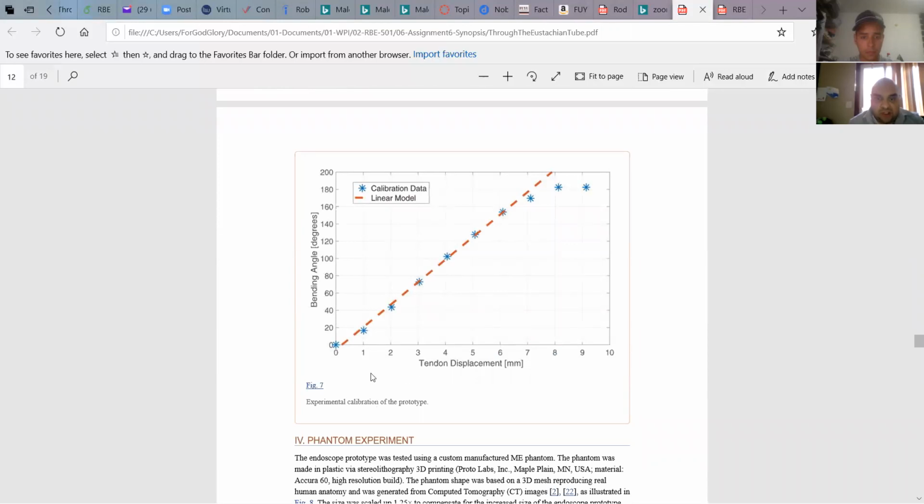So here the calibration results are showing that as the tendon is pulled 1 millimeter, the bending angle is almost 20 degrees. 2 millimeters, it's 40 degrees. So there is a linear relationship between the amount of displacement of the tendon and the bending angle of the robot, which means that the system is working in the elastic range all up to 160 degrees, which equates to 6 millimeters of displacement.